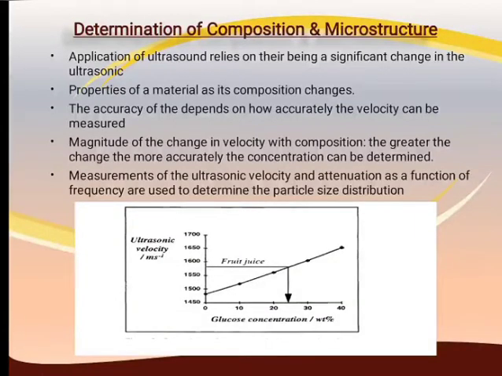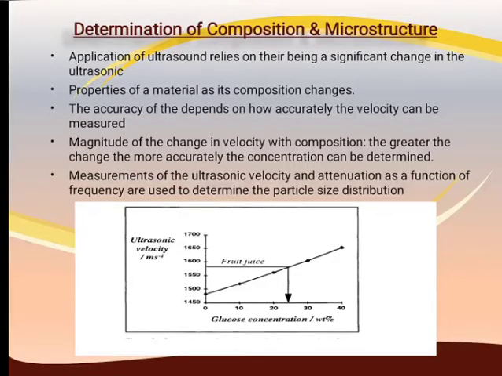Determination of composition and microstructure. Application of ultrasound relies on there being a significant change in the ultrasonic properties of a material as its composition changes. The accuracy of the ultrasound depends on how accurately the velocity can be measured. The greater the magnitude of the change in velocity with composition, the more accurately the concentration can be determined.